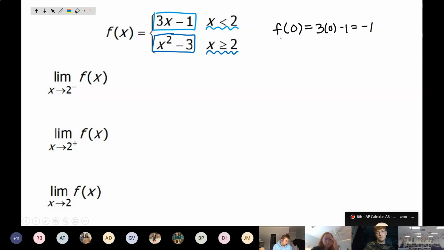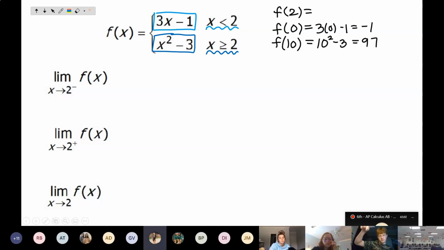Likewise, if I wanted to find f of 10, 10 is bigger than 2, so I would use the bottom one. I would have 10 squared minus 3, or 97. What if I had the value at f of 2? Which one would I use? The bottom one. Which one is including the 2? The bottom one. So 2 squared minus 3, 4 minus 3, is 1.